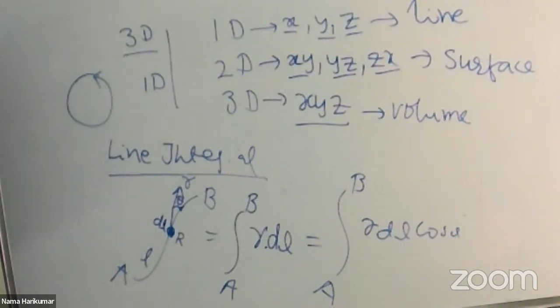Let AB be the curve points. Then the curve length is L.